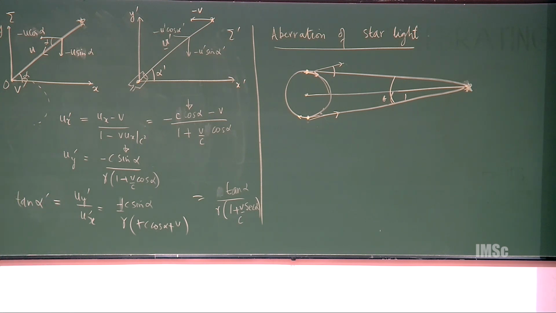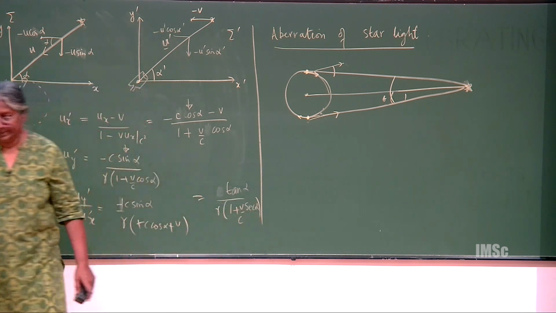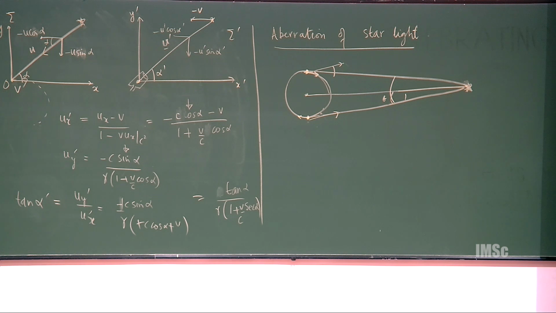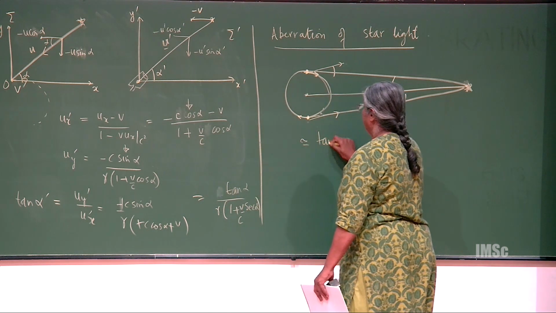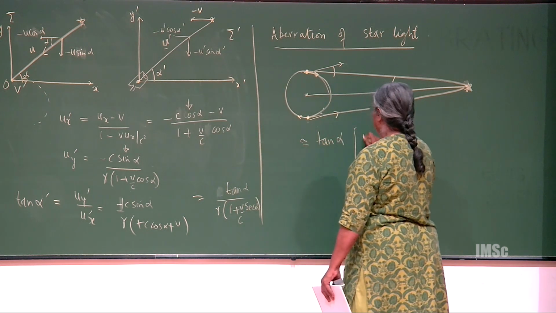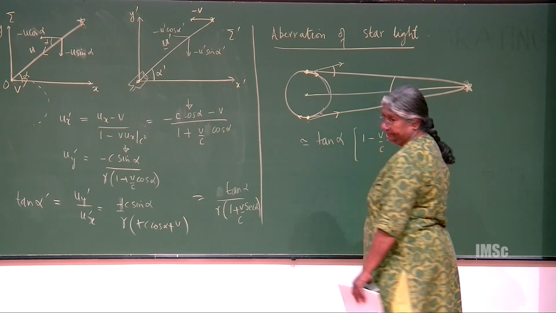So I have a solution for tan alpha prime in terms of tan alpha with some secant alpha correction, and now these errors are all very small. So I can write this as approximately tan alpha times 1 minus v by c secant alpha.